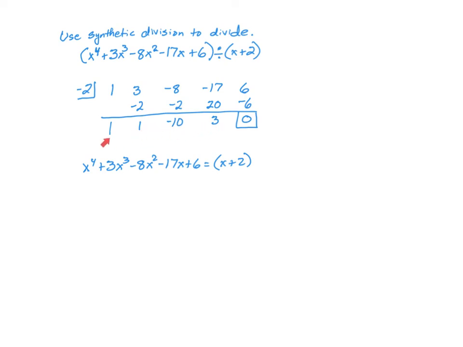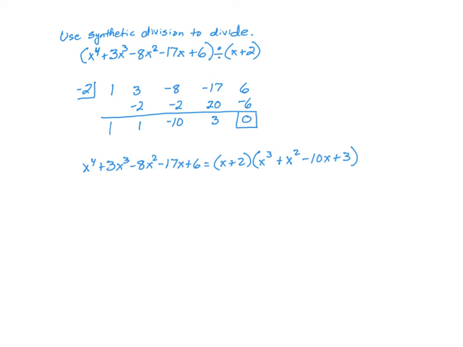Remember, here are our coefficients of our quotient. The degree of the quotient is 1 less than the degree of the dividend. That's 4th degree. So this will start with 3rd degree. So I have 1x cubed plus 1x squared minus 10x plus 3. And I'm not adding in a remainder because our remainder is 0.